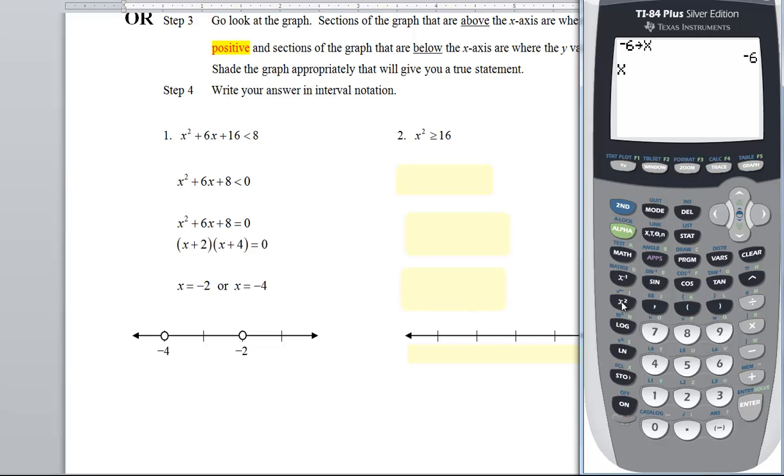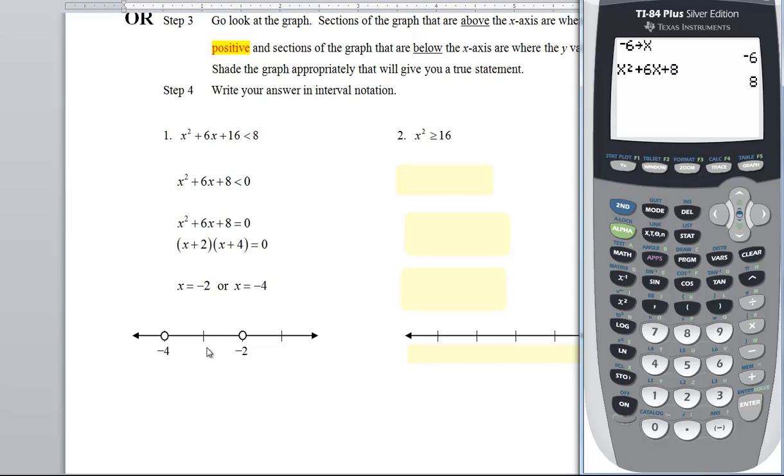So x squared plus 6x plus 8. So here's my question. Is 8 less than 0? If you say yes, okay, then we would have to shade that section, but hopefully you said no. 8 is not less than 0.